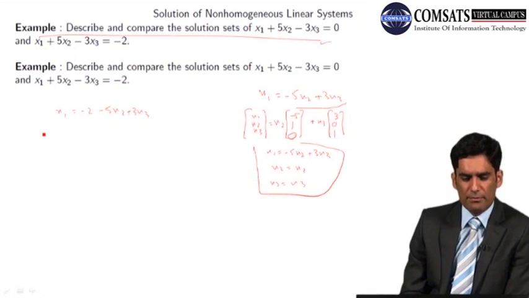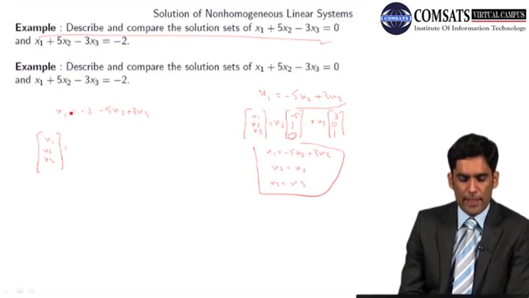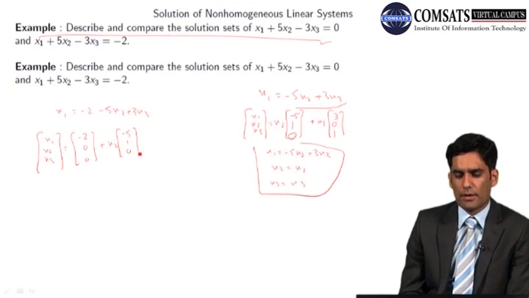If I do the same thing with the solution of this non-homogeneous equation, that is, I have to write down the parametric equation of this solution, then I have to add first (-2, 0, 0), plus x2 times (-5, 1, 0), plus x3 times (3, 0, 1).